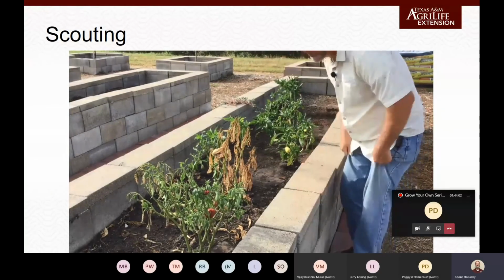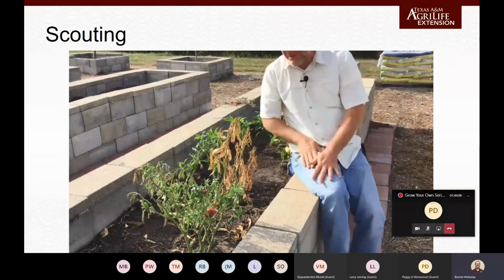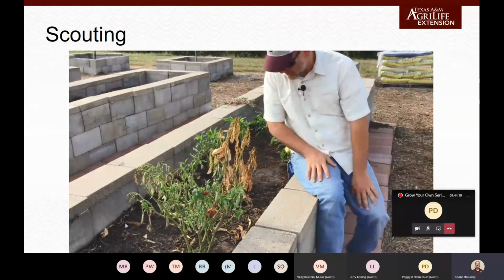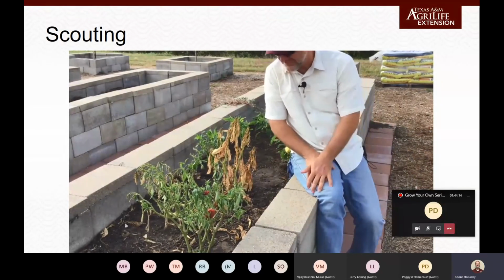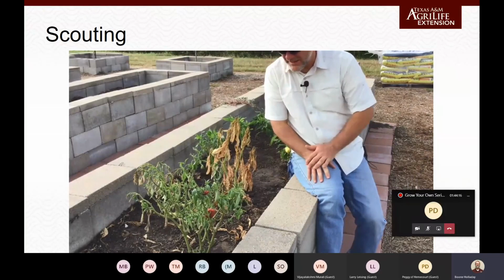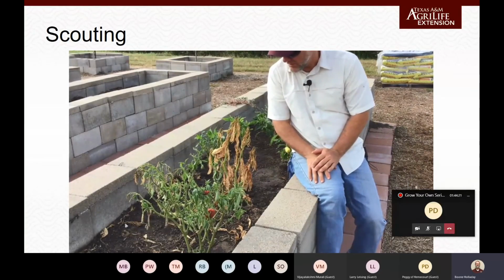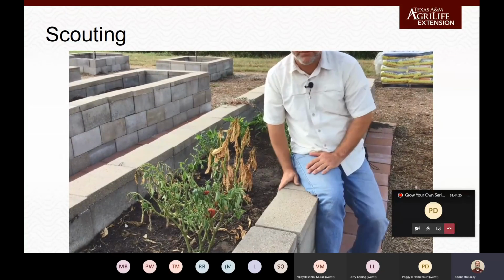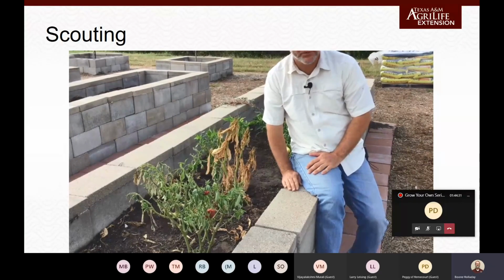With peppers, the peppers are in the same family as eggplant and tomatoes and Irish potatoes, and they succumb to some very similar issues, and there are some different blights and root rots that are fairly common to these plants, and sometimes it's unavoidable.